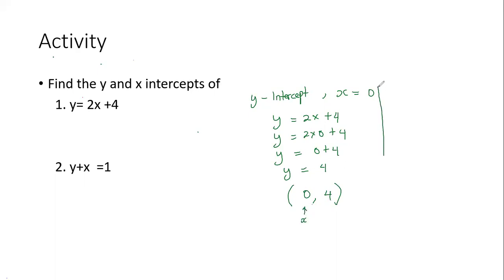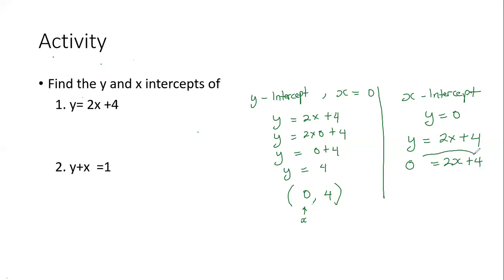When it comes to the x-intercept, what is very special? Y is equal to 0. So I think you are noting the difference. For the y-intercept, x is 0; for the x-intercept, y is 0. Come back to your equation, y is equal to 2x plus 4. Then say y is 0: 0 is equal to 2x plus 4. Now solve this equation.